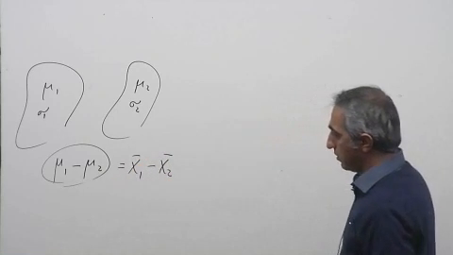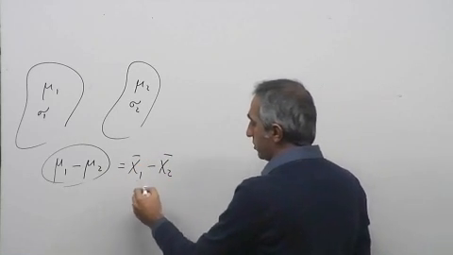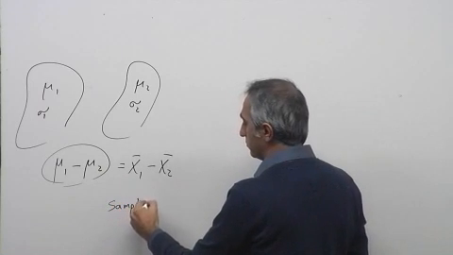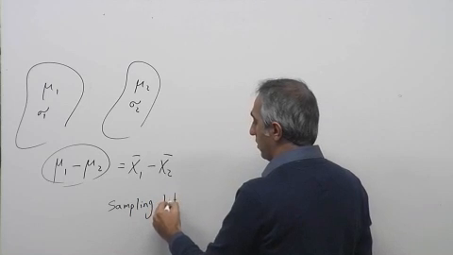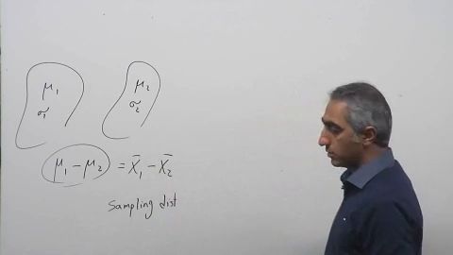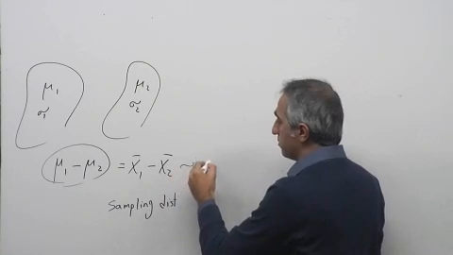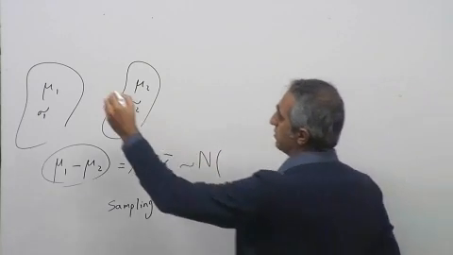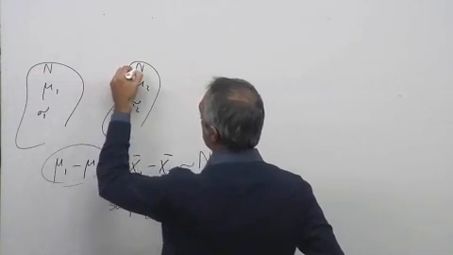We also know the sampling distribution of this point estimator, which is normally distributed. By the way, we assume that both of them are normally distributed.